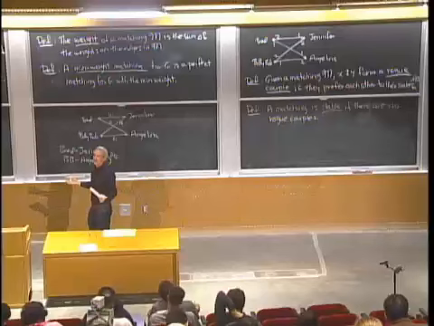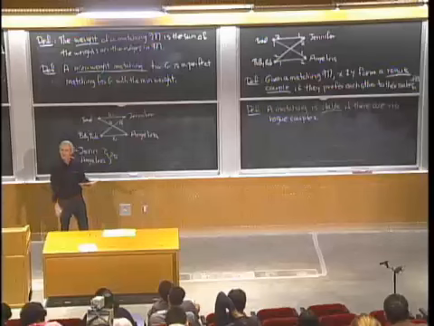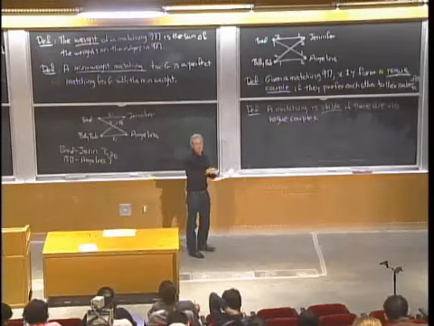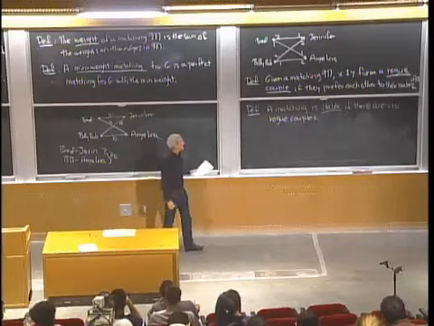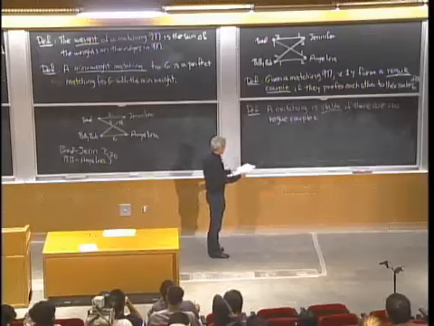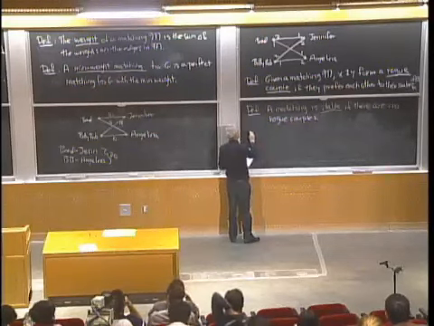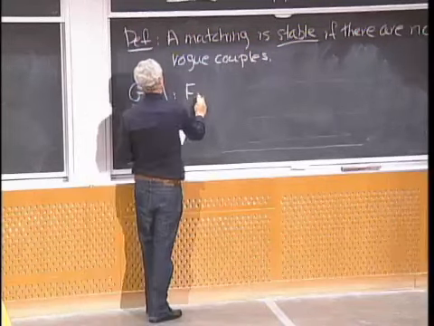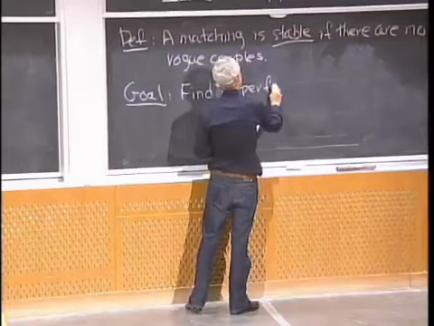So it's not a situation where you get bored with your spouse and you change your mind and then you go off and create a rogue couple. You're fixed in your preferences over all time, and no playing the field, none of that stuff here. Okay, so it's fixed once and for all. And your goal, of course, is to create or find a perfect matching that's stable. That's the goal. So get everybody married up and make it stable.